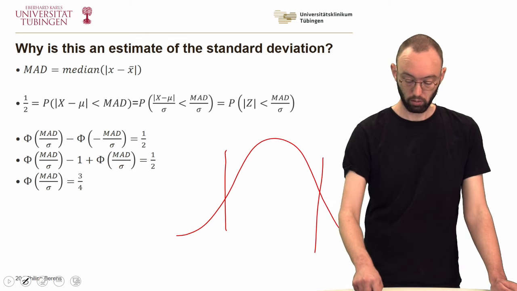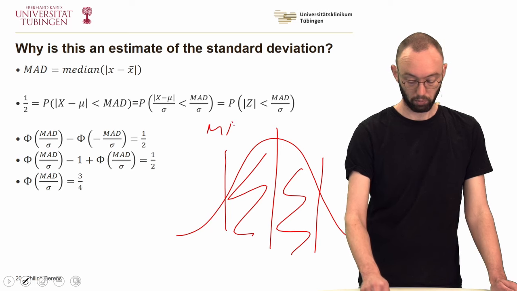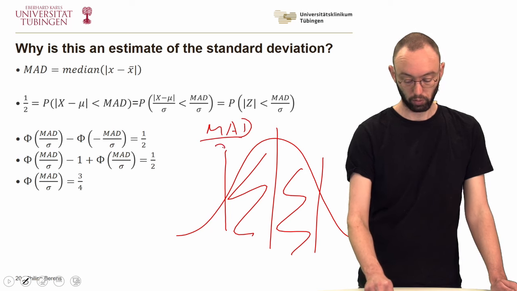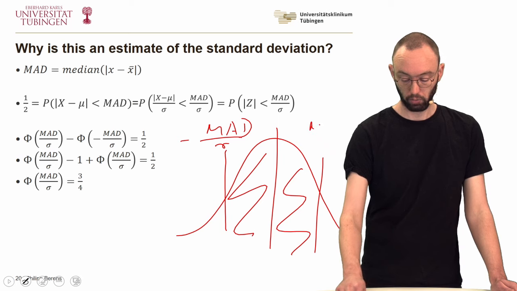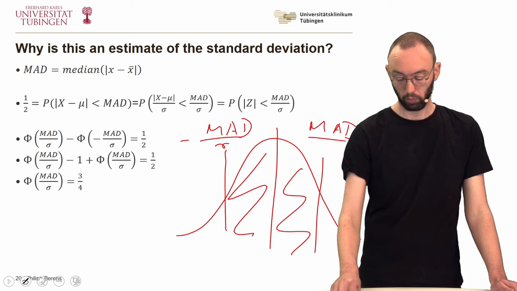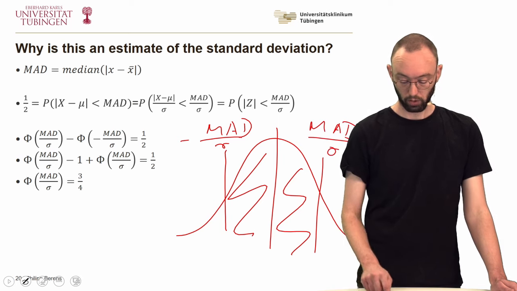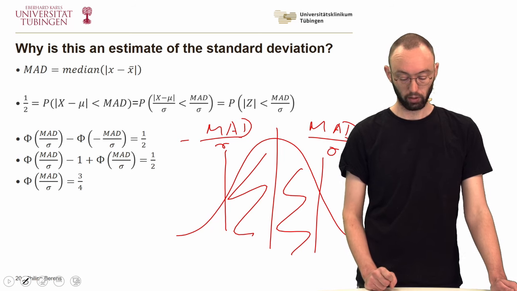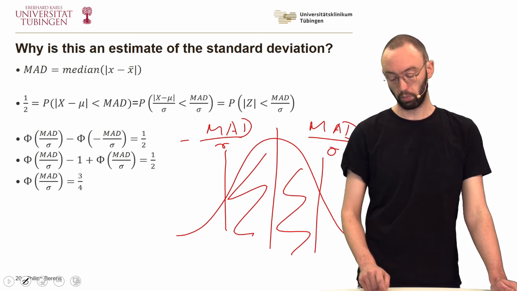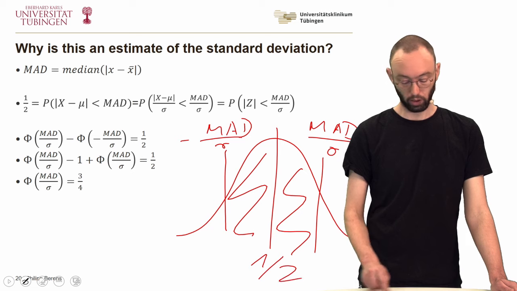So if this is minus MAD divided by sigma and plus MAD divided by sigma, then the probability that the data falls into that middle part is 1/2.